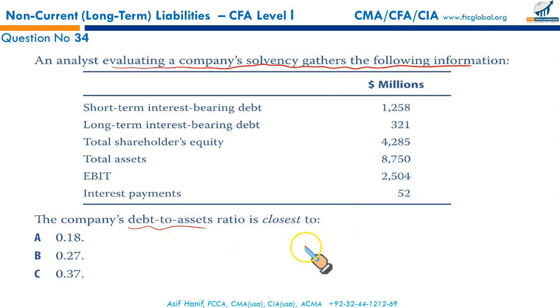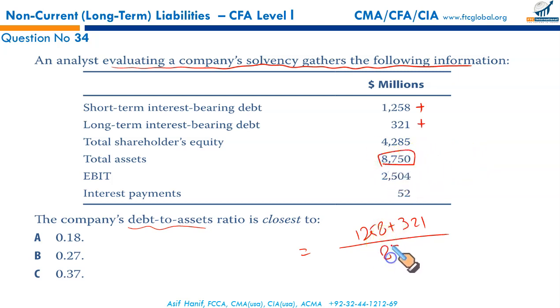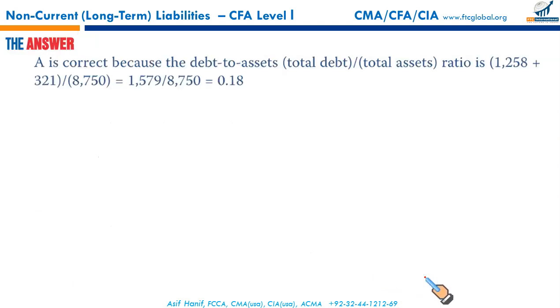Debt to assets means total debt to total assets, meaning thereby we will take total debts, that is current and non-current combined, 1258 plus 321 upon total assets given in a single number, 8750. So 1258 plus 321 upon 8750 gives you 0.18. That makes A the correct option.